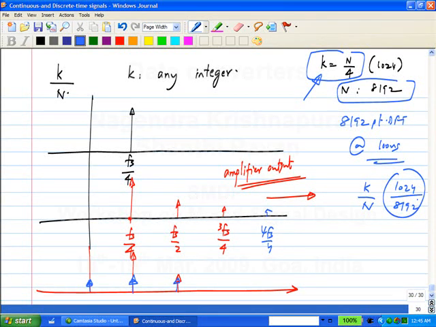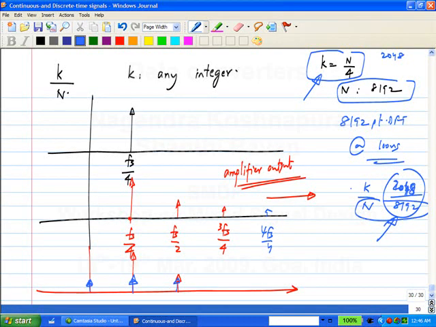Actually, I made a mistake. This is 2048, not 1024, but that's a small thing. See, what are the allowable frequencies? k by N, where k is an integer. So what is the nearest allowable frequency to this? N is 8192. What is the nearest allowable thing possible?